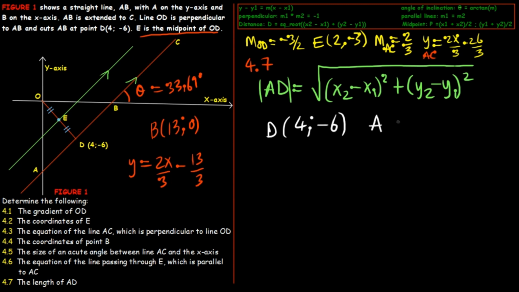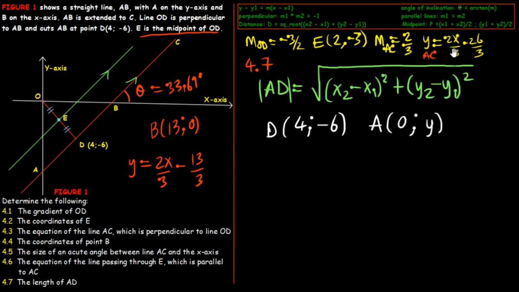How about the point A? This point is along the y-axis, and as long as it's along the y-axis, its x value will be 0. So that's good because we have the x value now, which is 0, and we need to determine its y value. Since this point is along the line AC, we use the equation of line AC to find the y value.